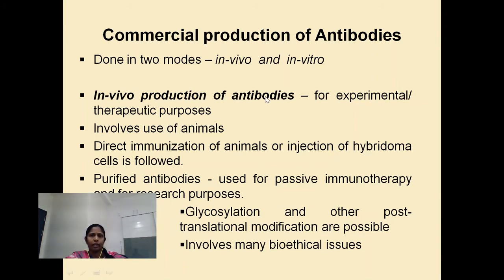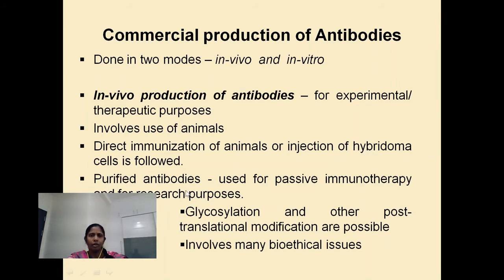In vivo production of antibodies also involves injection of hybridoma cells into the ascitic fluid of the animal, where these cells develop into ascitic tumors. Later, the animal is sacrificed, the ascitic tumor cells are isolated, and antibodies are purified from the ascitic fluid.